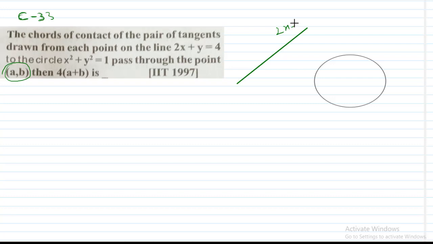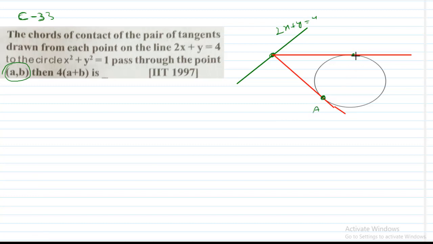Here the line is 2x plus y equal to 4. From this point, tangents are drawn to the circle. This one tangent, this another tangent. Here, these are points of tangents.